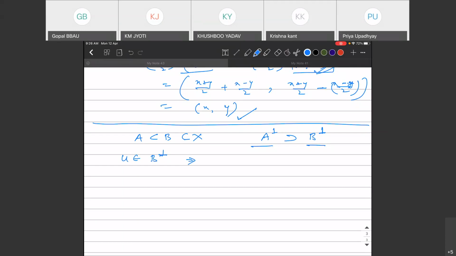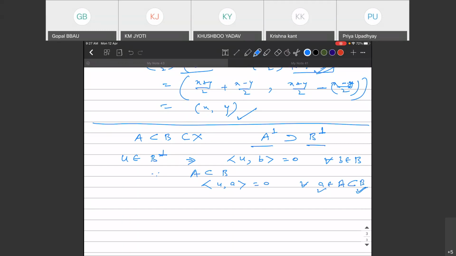It means the inner product (u, b) is 0 for all b in B. But since A is a subset of B, in particular (u, a) is 0 for all a in A, because this A already sits in B. Do you see this?